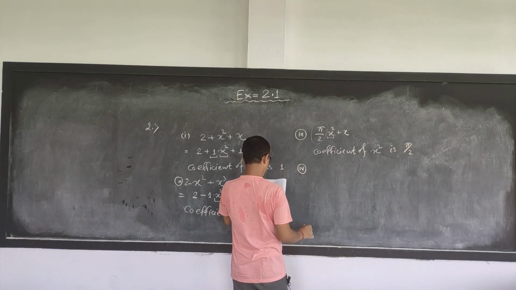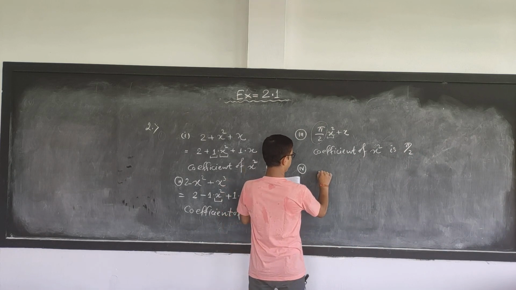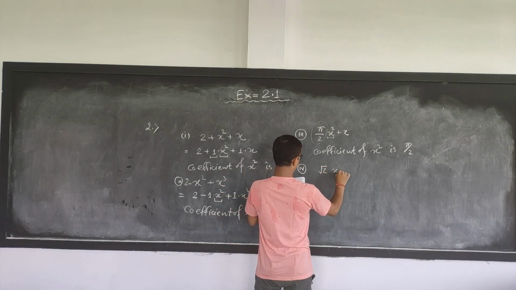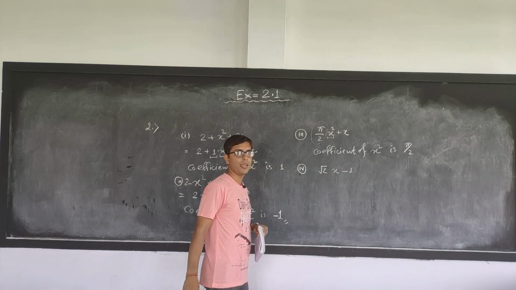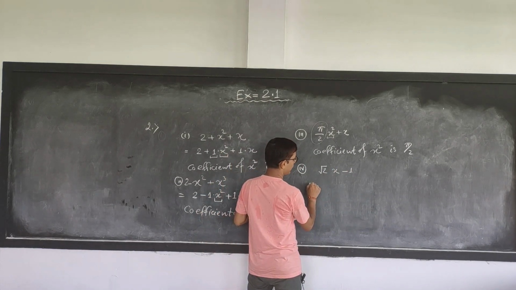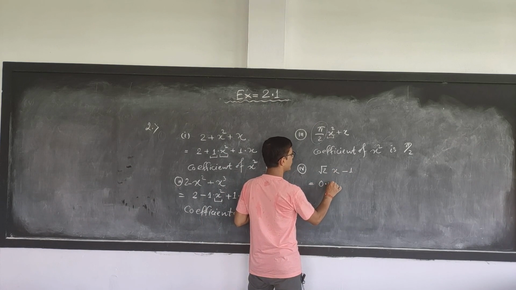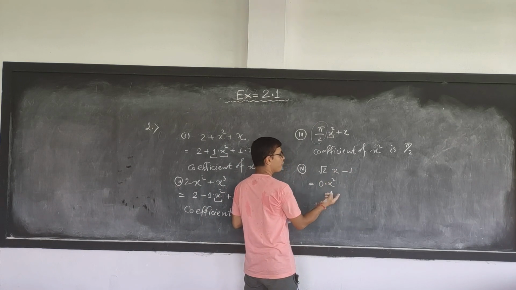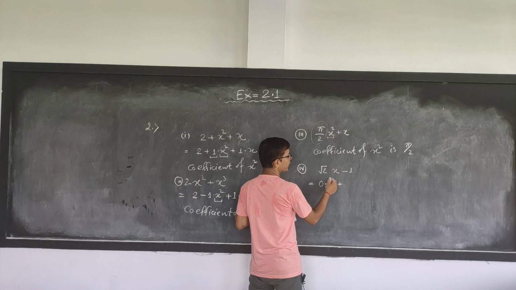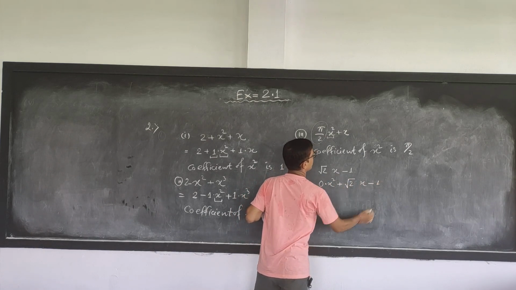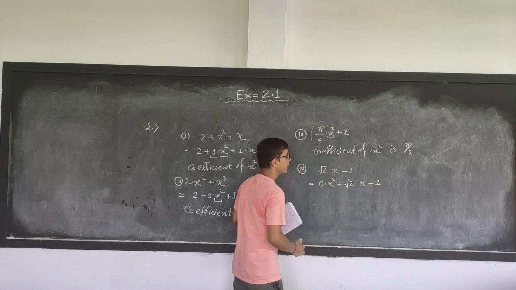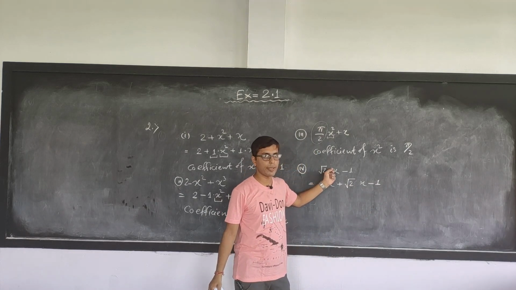Then number 4, root over 2 x minus 1. Is there x square? If there is no x square, can we imagine that there is 0 into x square? Of course we can imagine, because 0 into anything is 0. If there is no x square, then the coefficient of x square will be 0.